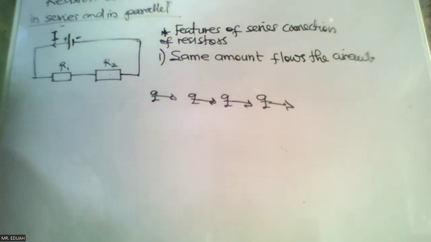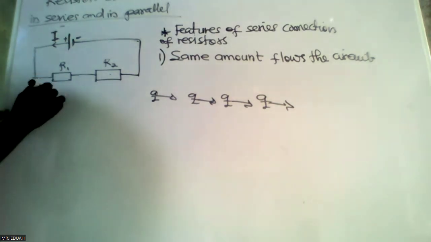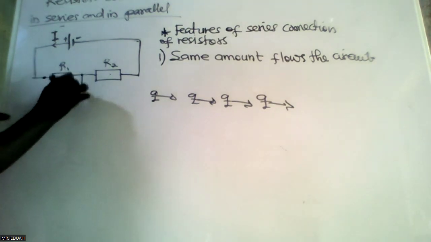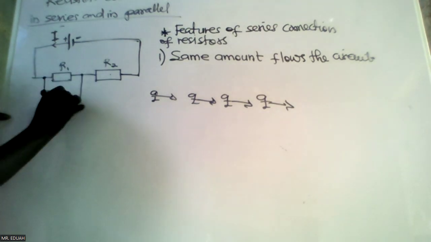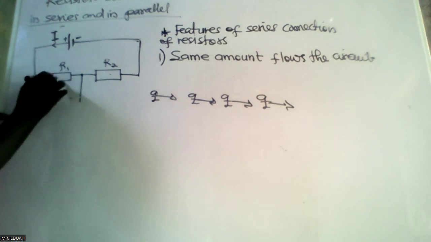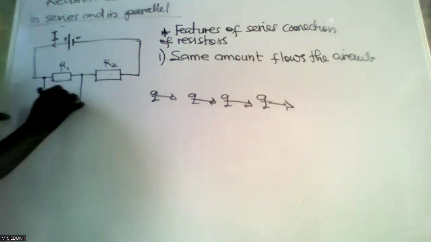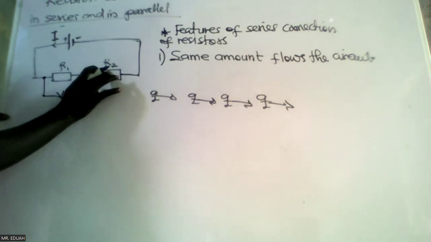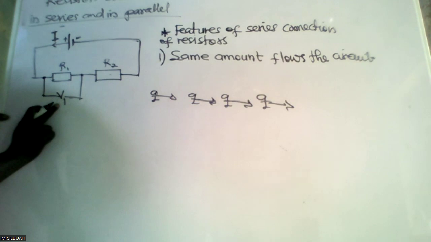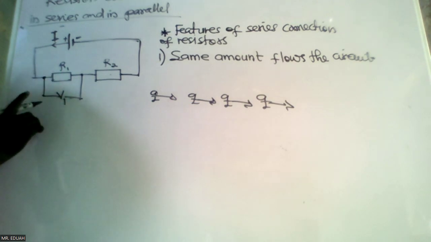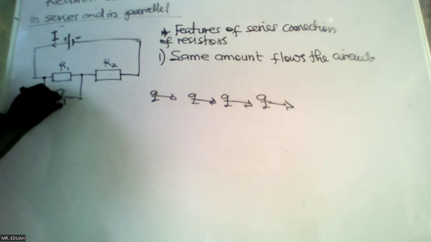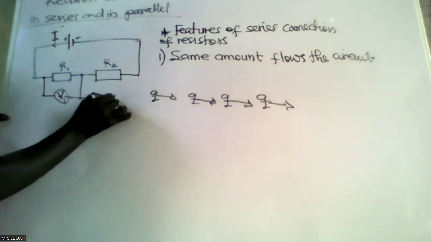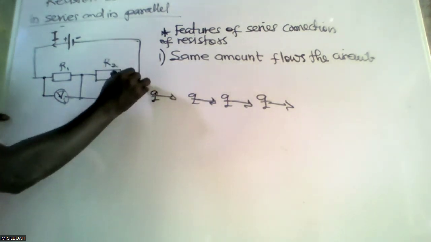And that difference is what we call potential difference. So when I pick any two points and determine the potential difference across R1, V1, because R1 is different from R2, V2 would also be different. So different potential drops or voltage drops across the resistors: V2, V3, on and on.